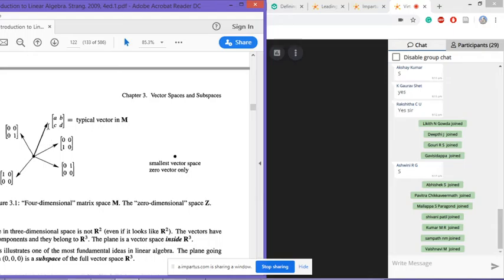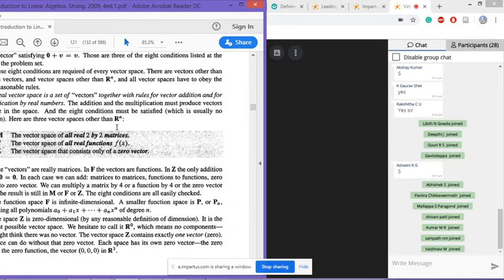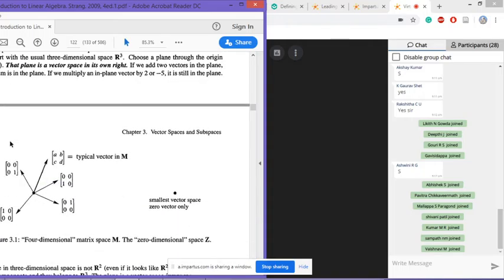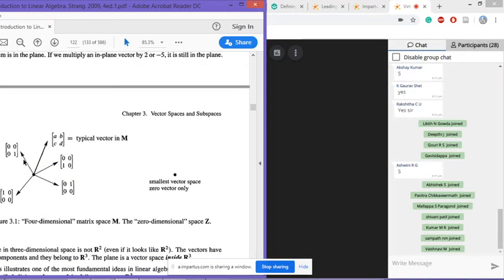We have a, b, c, d represented as a matrix. We are just talking about here M, F and Z, the other vector spaces apart from R^n. This is a 4-dimensional space with M the 2 cross 2 matrix, that is a, b and c, d. If you define different values for each of these a, b, c, d, it represents different directions, 4 directions.